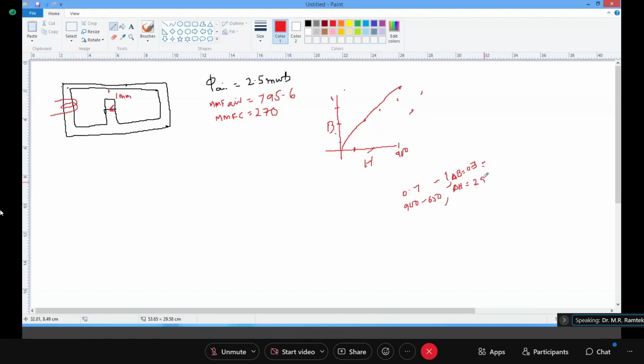Okay. Am I audible? Yes, sir. Get the mu equals B by H. So from these values, B is 0.3 and H is 250. From that you get the mu value for this iron material. Got?